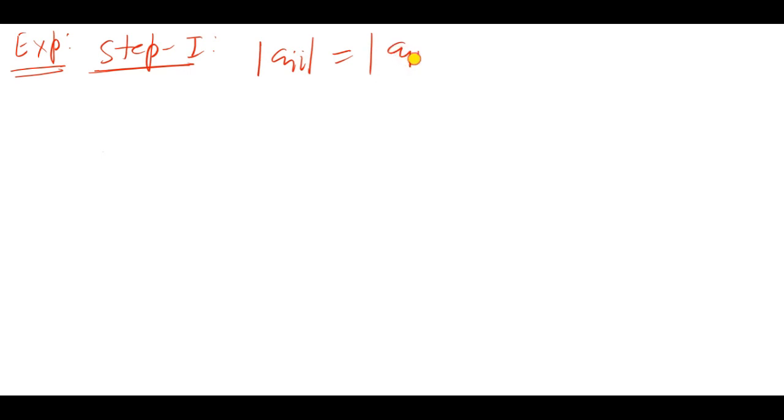So the explanation of this problem: in step 1, check whether the Gauss-Seidel method is applicable or not, that is, whether it converges or does not converge. So in that case, compute the sum of |aii|, that is |a11| plus |a22| plus |a33| plus |a44|.